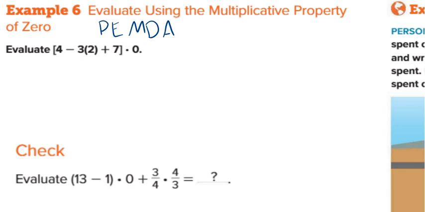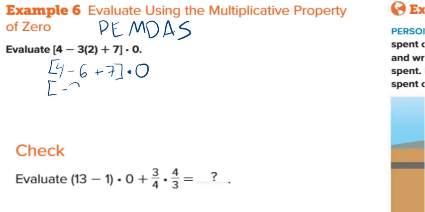So it's going to be kind of the same idea here. It wants us to go through, simplify this. So we'll do PEMDAS, even though some people right away might be able to see what the answer is, but we'll just go through our order of operations. So we have to focus on this grouping first. So if I look in there, the first thing I have to do is multiplication.